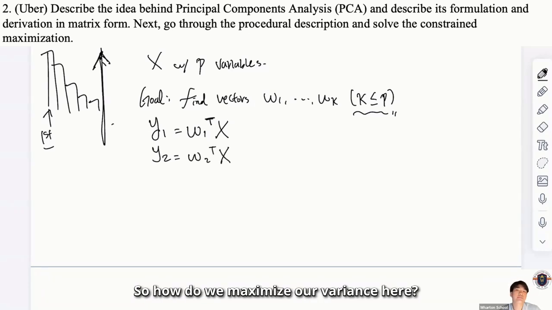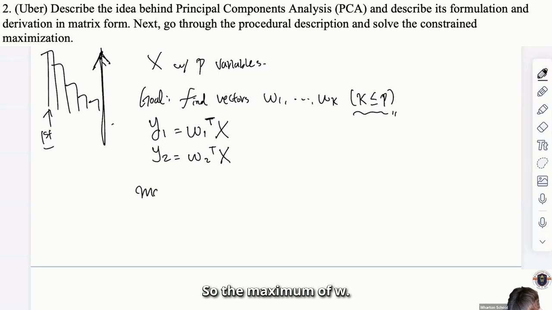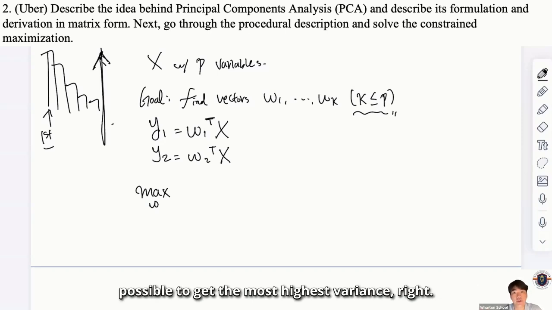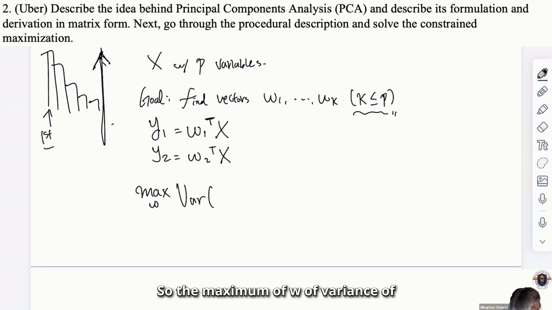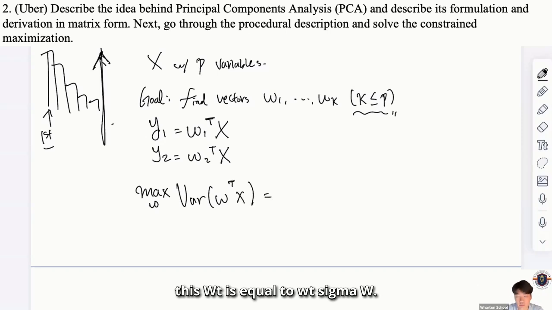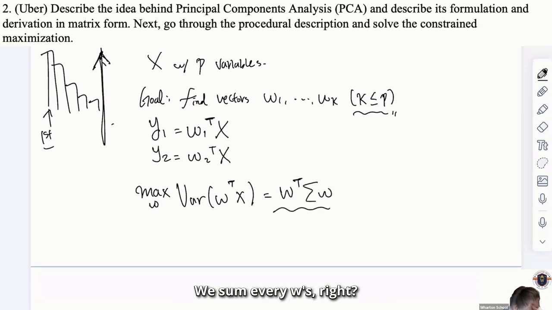So how do we maximize our variance here? The principal components are obtained by solving an optimization problem. We want the maximum over W of the variance of W transpose X, which is equal to W transpose sigma W, right?